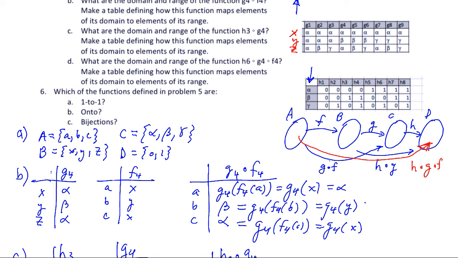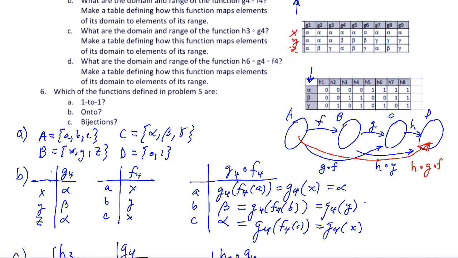And so it's G4 of F4 of A, G4 of F4 of B, G4 of F4 of C. And F4 of A is X, F4 of B is Y, and F4 of C is X. And then I evaluate G4 of X, which is alpha, G4 of Y is beta, and G4 of X again is alpha. So this function, G4 of F4, is alpha, beta, alpha.